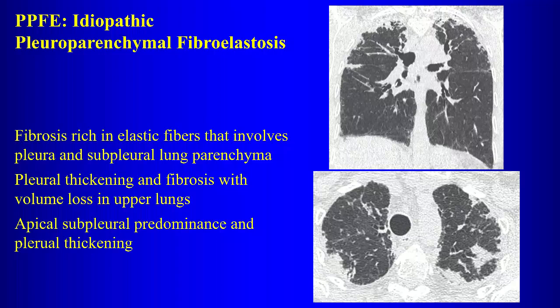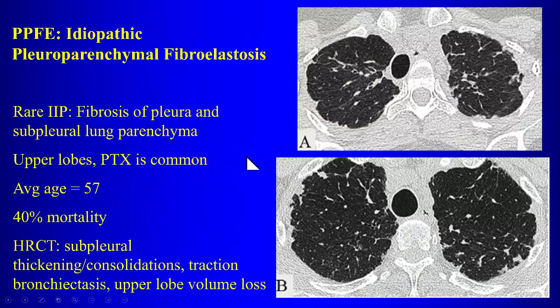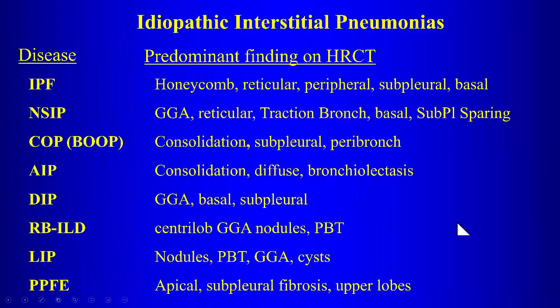Sarcoid, certainly. Sarcoid might be the first thing you talk about here, okay? So chances are you're not going to make this diagnosis prospectively, but it is an idiopathic interstitial pneumonia, and what's characteristic about the imaging is this subpleural apical distribution of disease, right, with PPFE. So fibrosis in the subpleural regions, more in the upper lungs, somewhat high mortality rates, subpleural thickening, consolidations, traction bronchiectasis, upper lobe volume loss. All right, so that's PPFE.